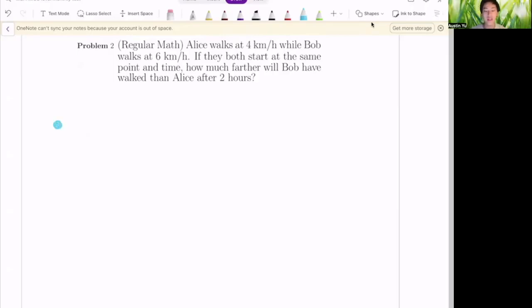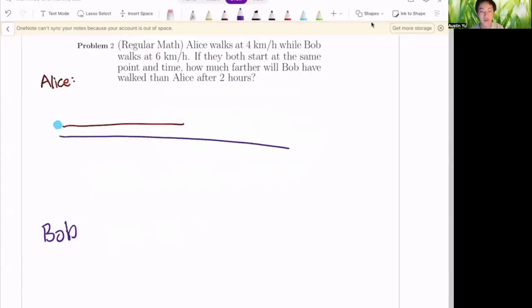And then we have to see how much they walk after 2 hours. So Alice, let's do Alice in this color. Let's say that she walks this much. And we know that Alice walks slower than Bob, right? Because 4 is smaller than 6. So let's do Bob right here. And then he goes like this, right?